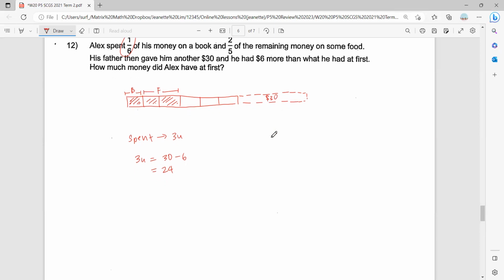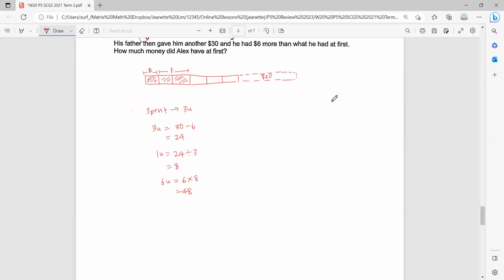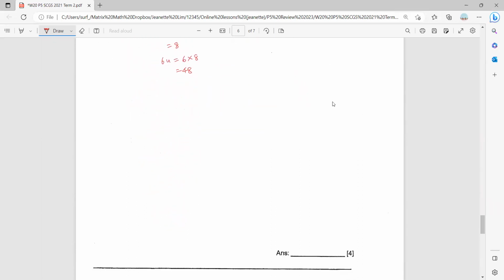All right, so now I can find 1 unit. How much did Alex have at first, which is 6 units? So we just times 6. Okay, so the answer is $48.